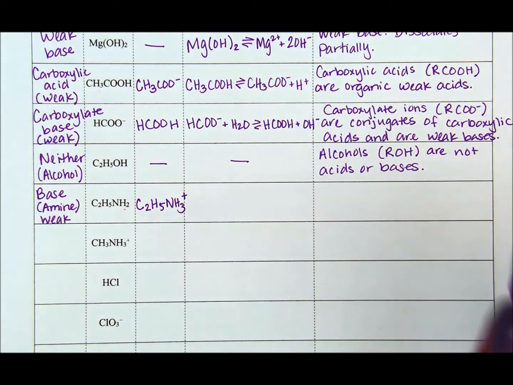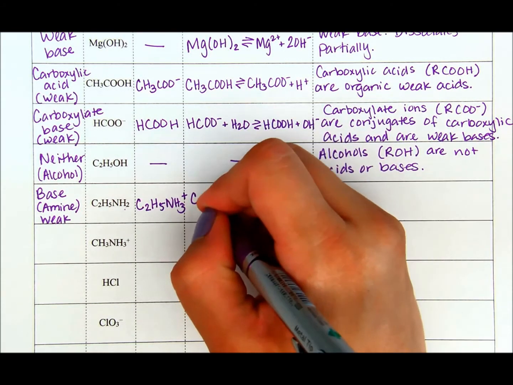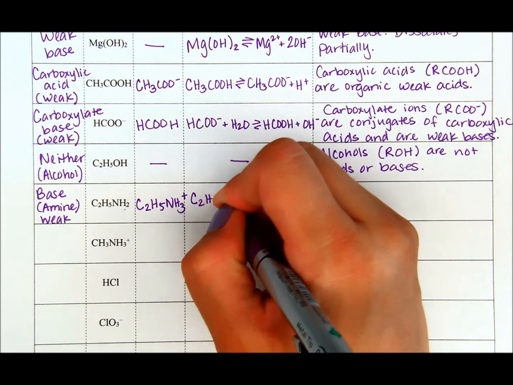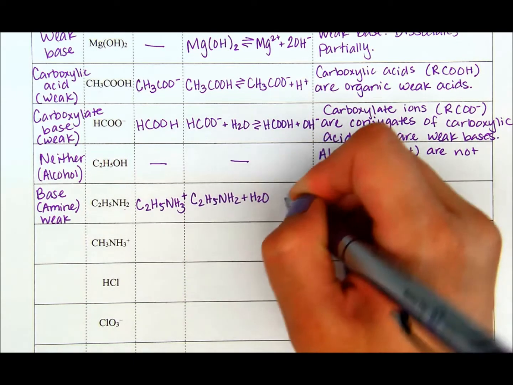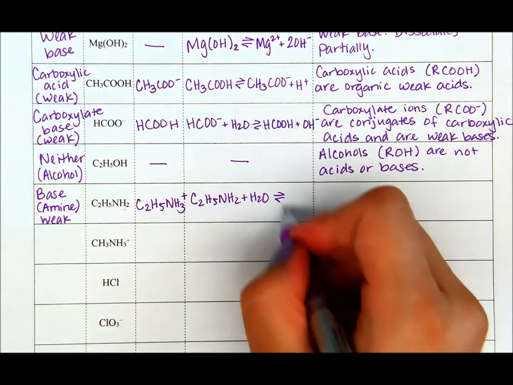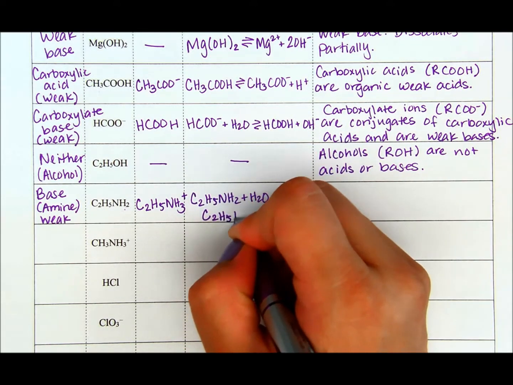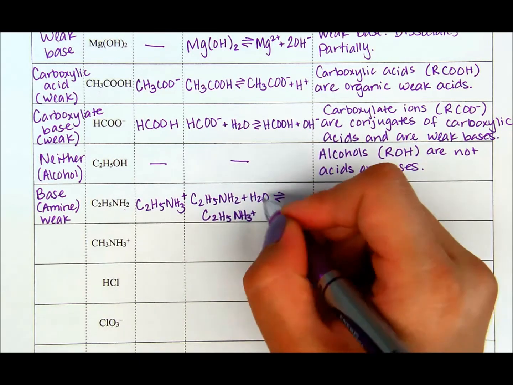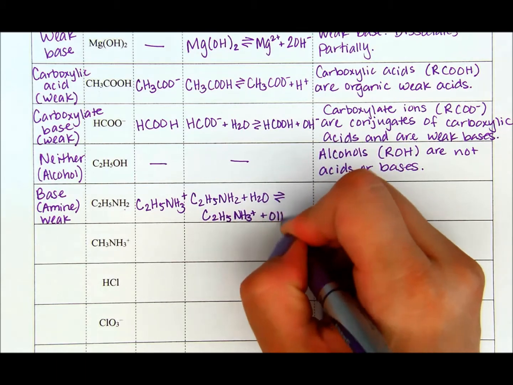So let's go ahead and write the equation. So starting with my amine, this might take 2 lines, plus H2O. And then I'm going to write my products on the bottom. C2H5NH3 plus, it tore that hydrogen ion right off the water, leaving behind a hydroxide from the water.